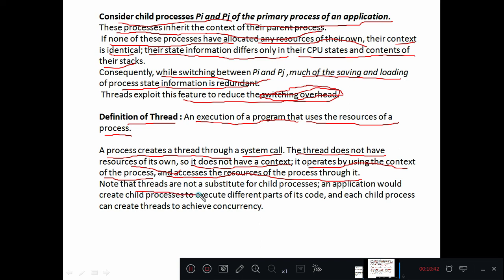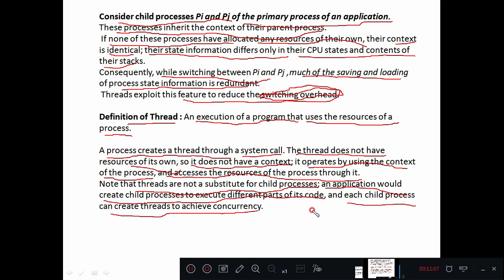Note that threads are not a substitute for child processes. A child process is different and a thread is different. An application would create child processes to execute different parts of its code, and each child process can create threads to achieve concurrency.